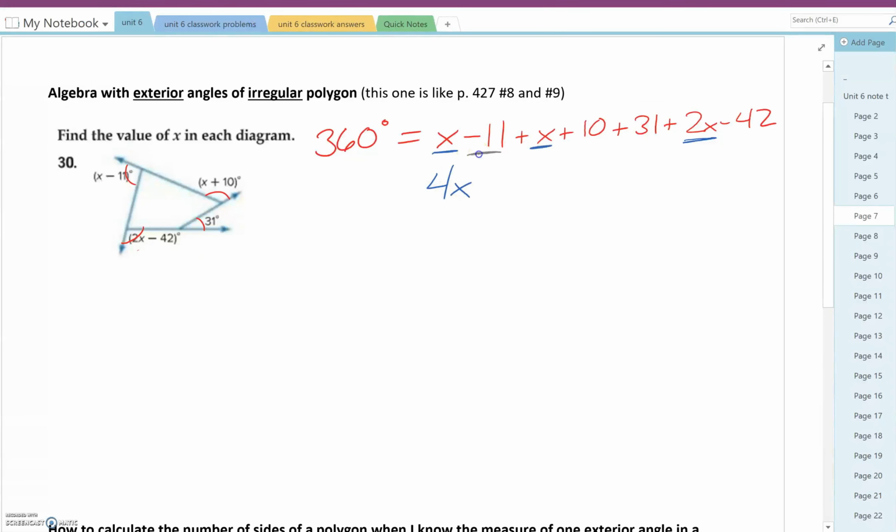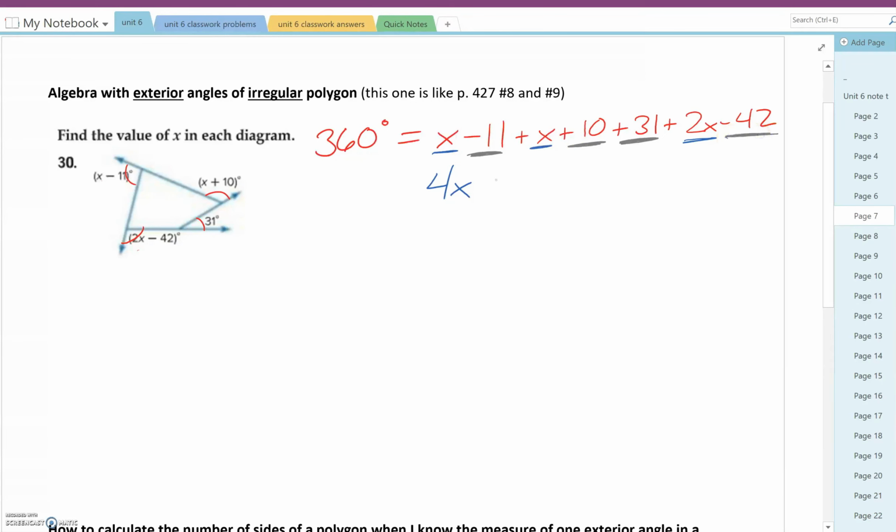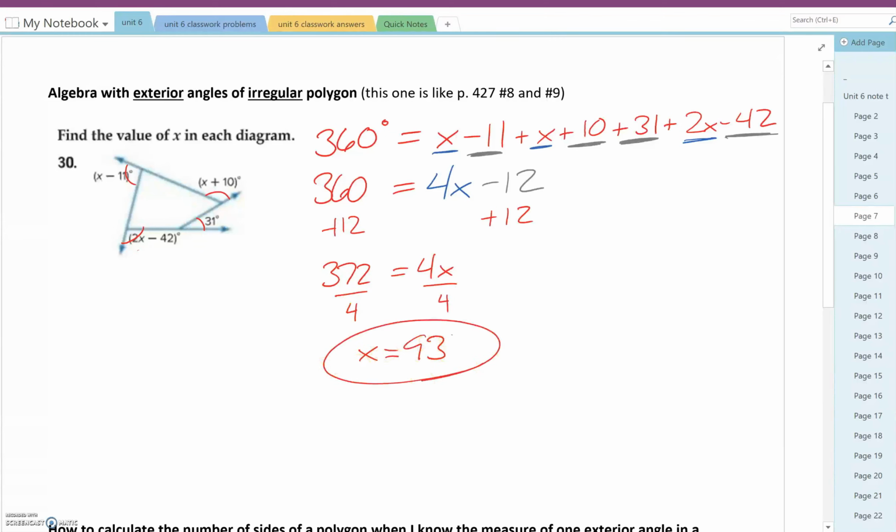And I have negative 11 plus 10 is negative 1 plus 31 is 30 minus 42, negative 12. You don't have to do the math that way. That's just how I did it here. So 360 equals 4x minus 12. Solve the equation. And that's it.